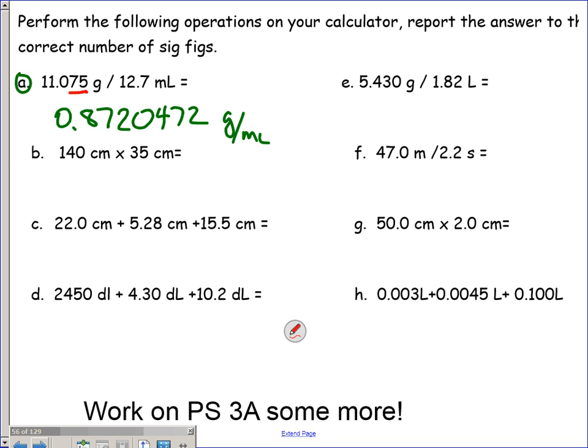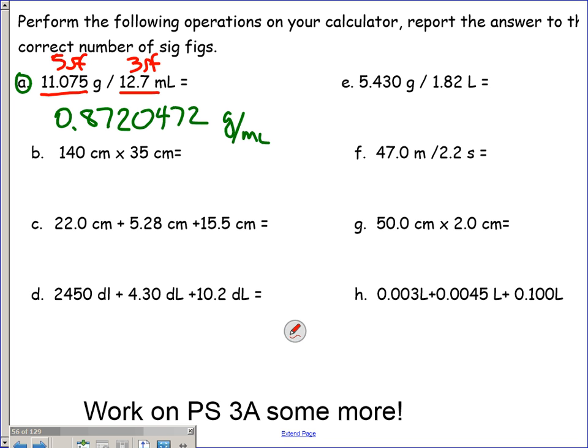How many sig figs are here? 5. There are 5 sig figs there. How many sig figs are here? 3 sig figs. Who's my weakest link? Lowest number of sig figs, so the 3 sig fig one. Okay, so 3 sig figs is what we record this as.